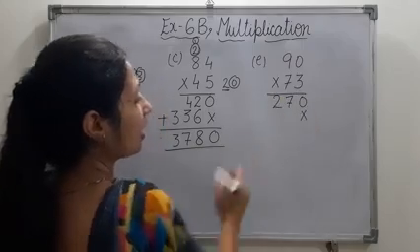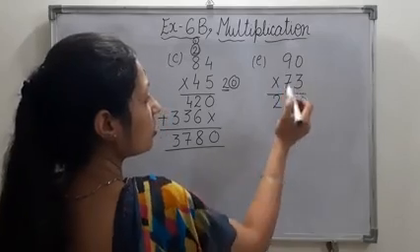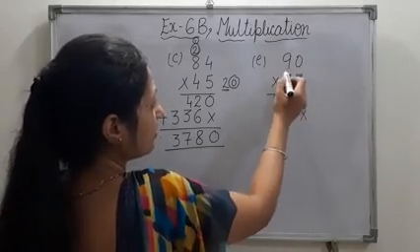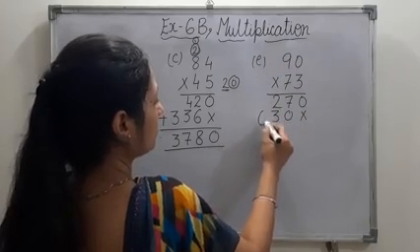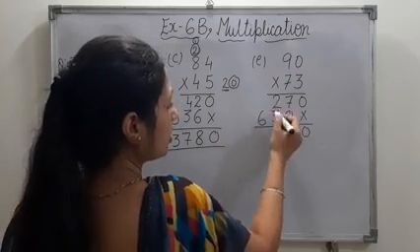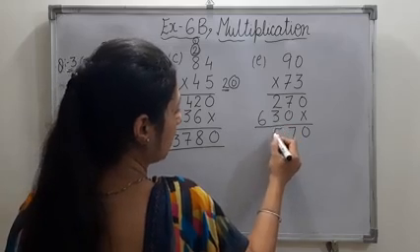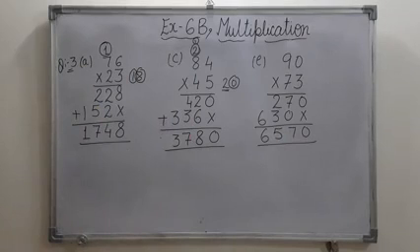Now we have to multiply with the next number. So we will write cross here, 7 0 0. 9 7s are, or 7 9s are, 63. 0 7 plus 0 7. Next 3 plus 2 is 5 and 6. So our answer is 6570. That is our product.